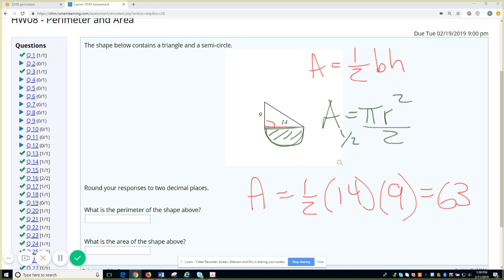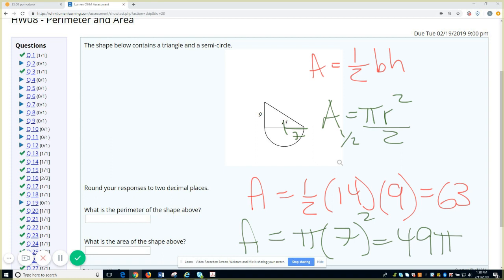And then for the semicircle, I'm going to first find the area of the circle, which has the radius of 7, which is half of 14, right? I'm going to square that, get 49 pi. Now, as we said, we don't want the area of the full circle, we just want half of the circle, so we're going to cut that in half.